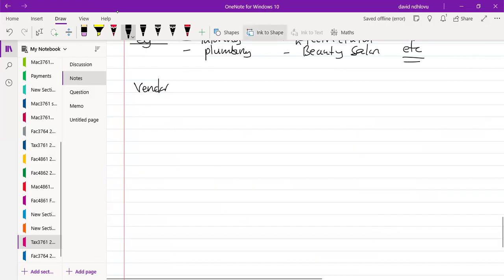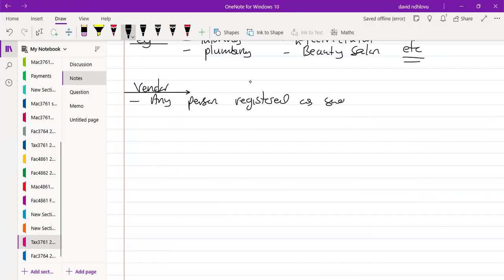What is a vendor? A vendor is any person registered as such by the VAT Act or through the VAT Act.